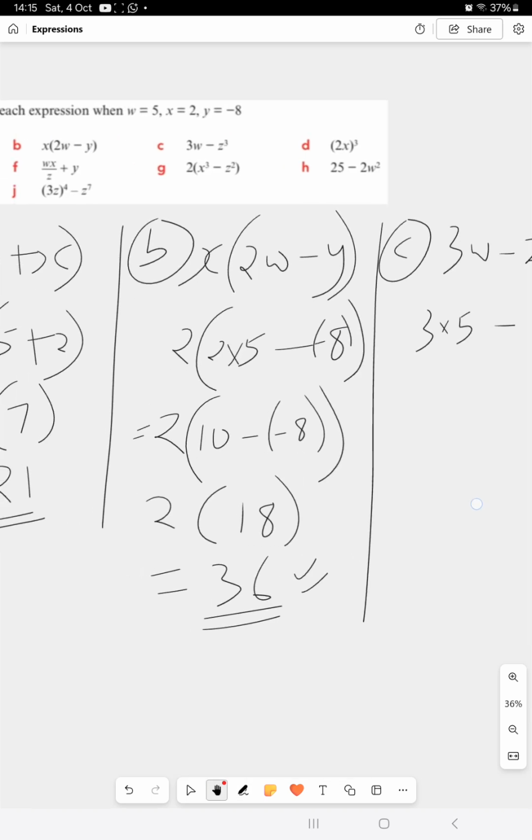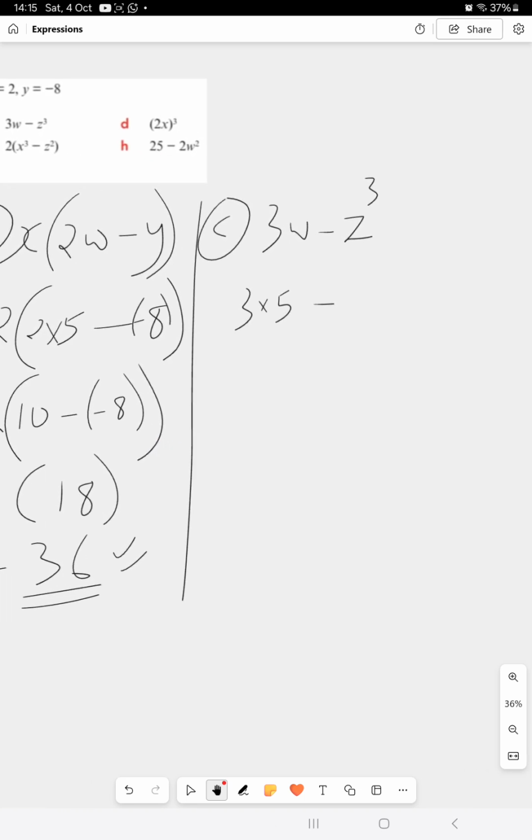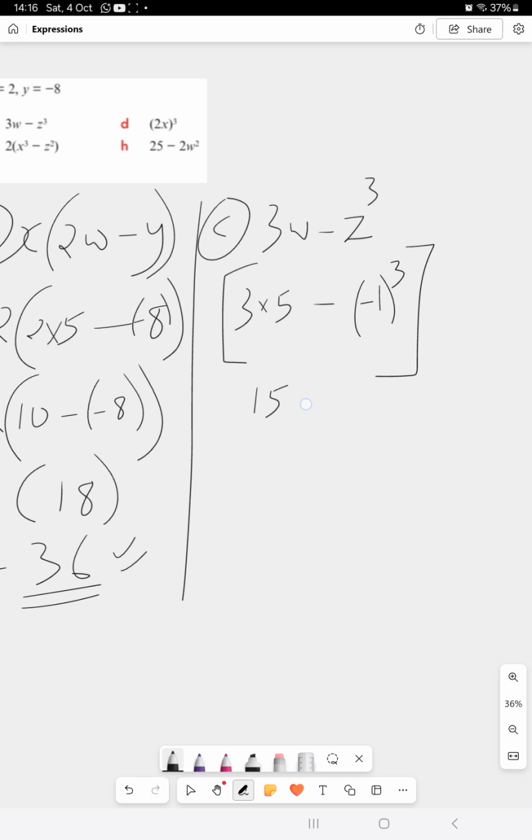In my case, let's check Z. Z is negative 1. So, minus negative 1 cubed. Take note of this. 3 times 5, it's 15, minus negative 1 cubed is negative 1. And therefore this 15 plus 1 gives you 16. As simple as that.